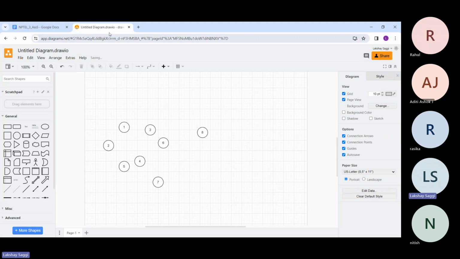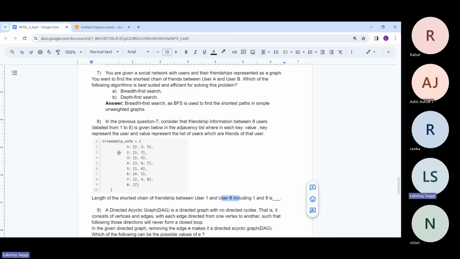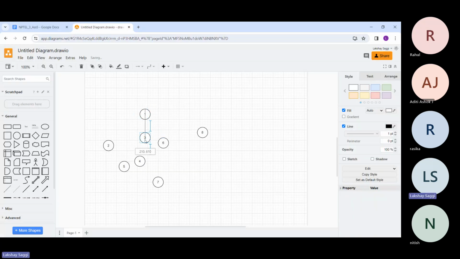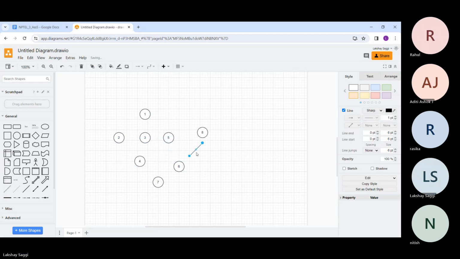So these are the 8 friends given to us, and now we know that 1 is friends with 2, 3, and 5. So I'll be adding the edges here between 1 and 2, between 1 and 3, because 1 is friends with 2, 3, and 5.